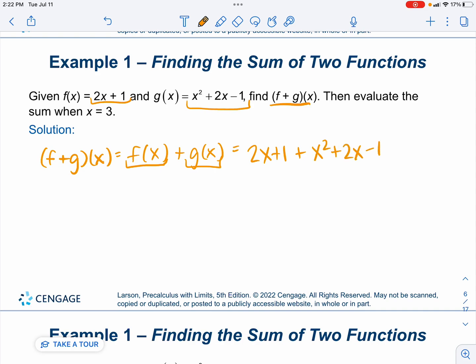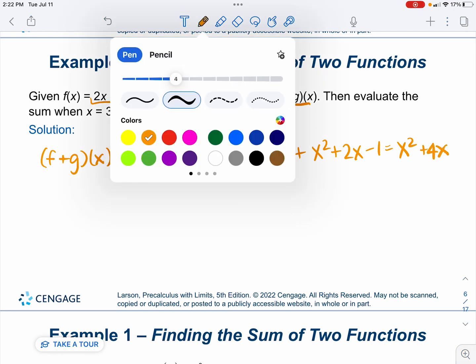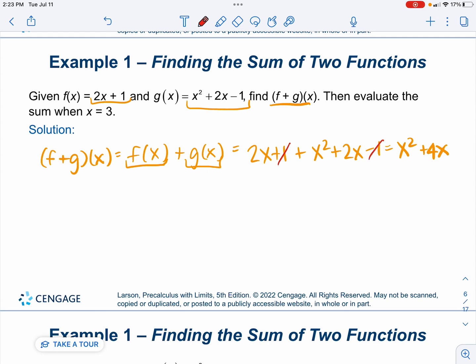When you're combining functions, you're not solving. You don't set it equal to 0 and solve. You're combining like terms. That's how you simplify, and then you're done. So we'll combine like terms. x squared plus 4x are there, and the 1 and negative 1 cancel out, and that would be it. So adding two functions together just means you write them with a plus in the middle and combine like terms.